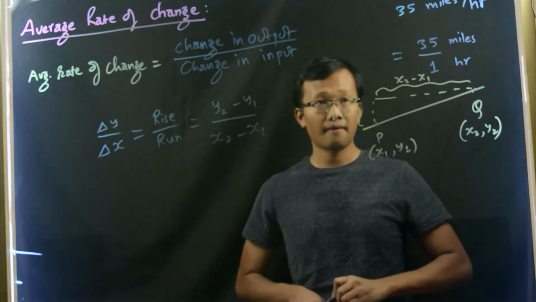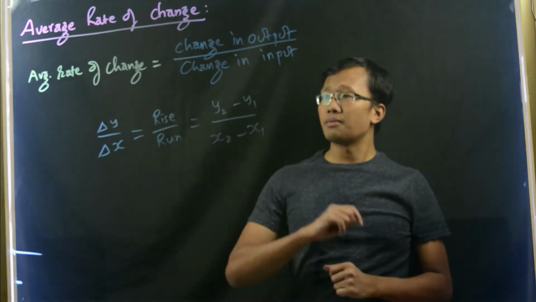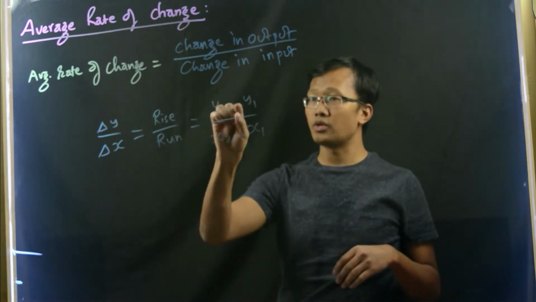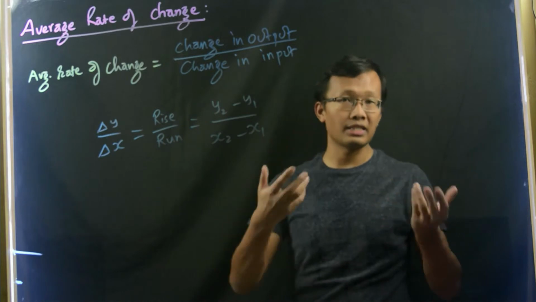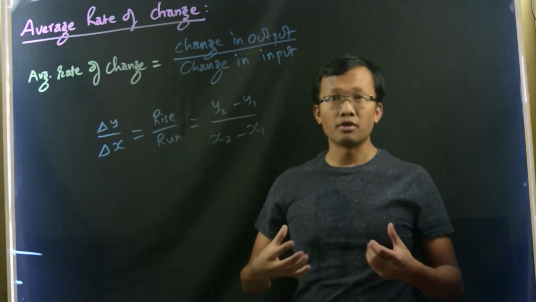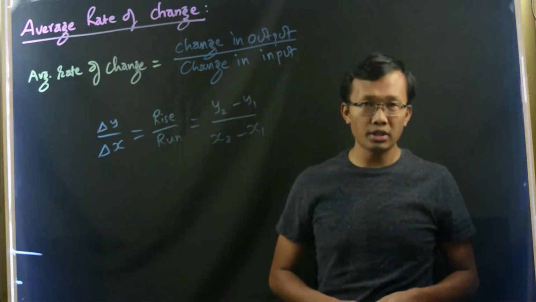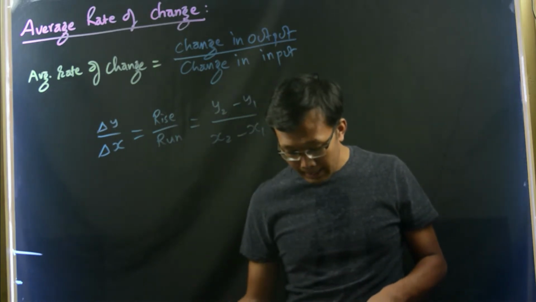Now let us transform this simple formula of average rate of change, y2 minus y1 by x2 minus x1. That's essentially the formula for slope joining two points of a straight line.